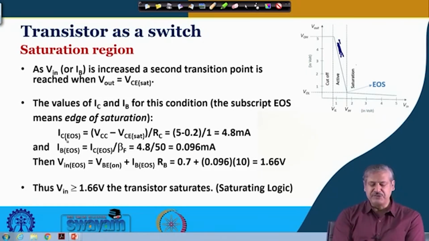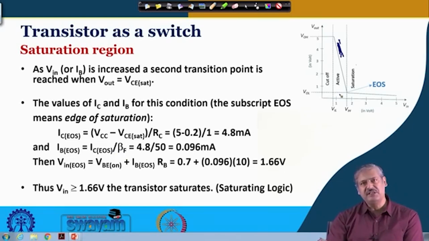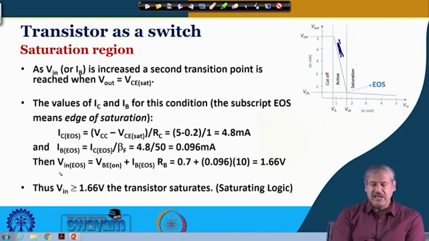So, this is edge of saturation IC. Edge of saturation IB is what? This IC edge of saturation divided by beta, because it is still in active region, it is just entering the saturation region. So, 4.8 divided by the beta forward is 0.096 milliampere, simple calculation. At that time what is the V in?